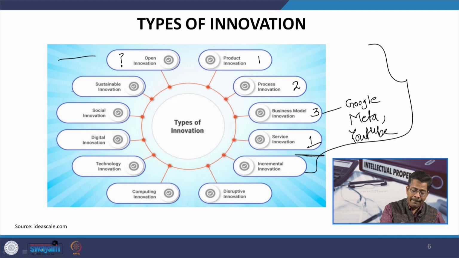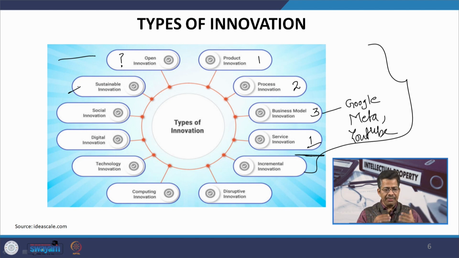Sustainable innovation, that is another word which is becoming popular these days, and it can be described in multiple ways. If I say the literal meaning of sustainable innovation, it is innovation which can sustain for a long period, that is one meaning. But the other popular meaning of sustainable innovation these days is those innovations which are environmentally friendly.